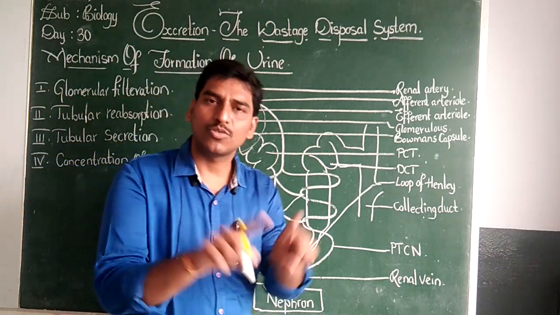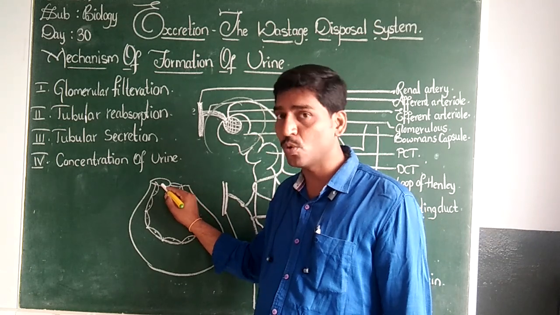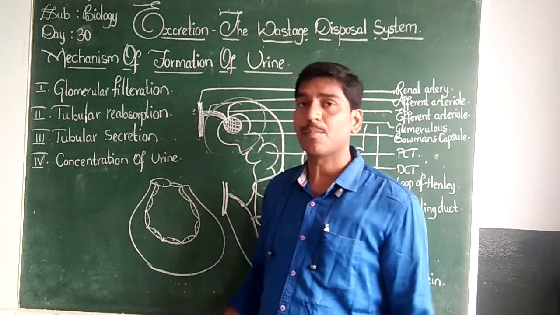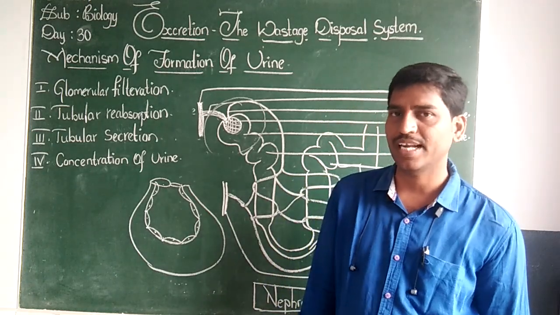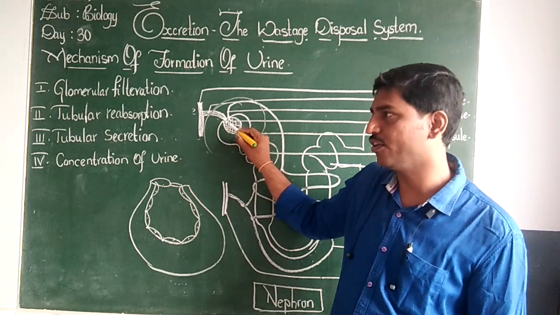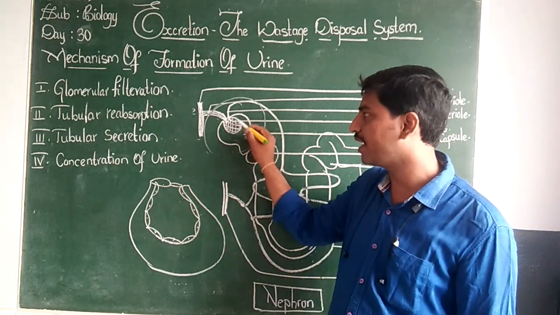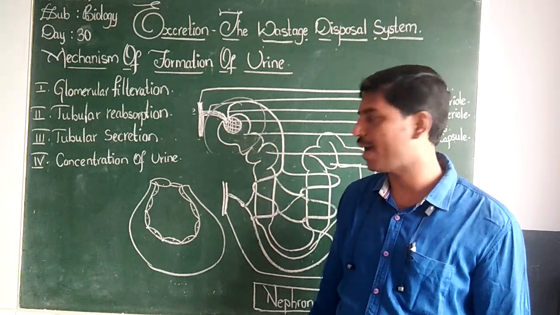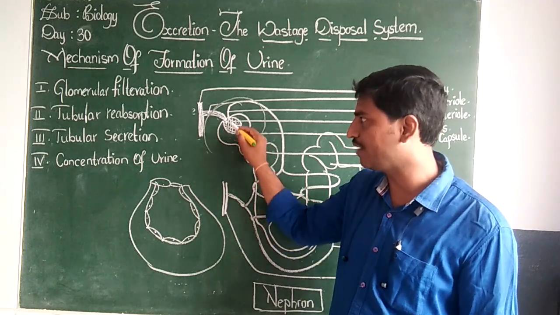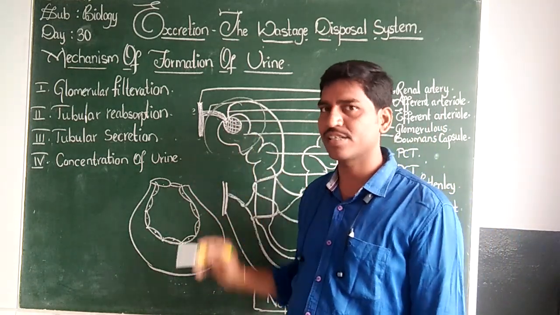That means the space, the volume, is less here and more there. So when the volume is less, what will happen here? Pressure is more. Now the blood from the afferent arteriole passes into the glomerulus, and when the blood is passing out into the efferent arteriole, as I told you, pressure is more.